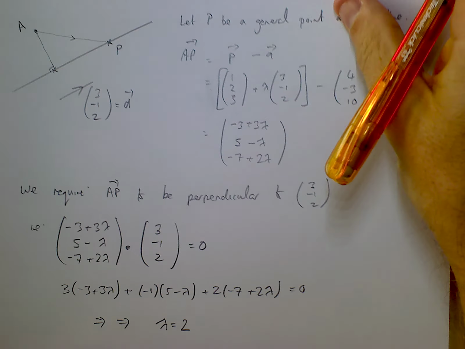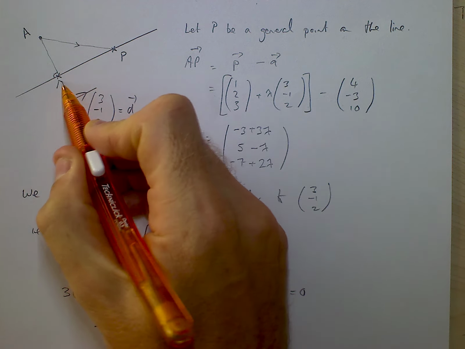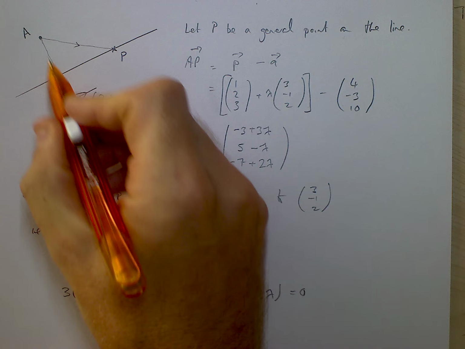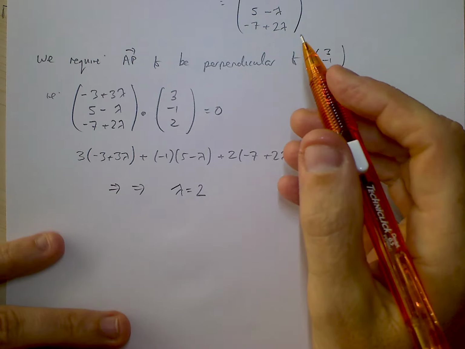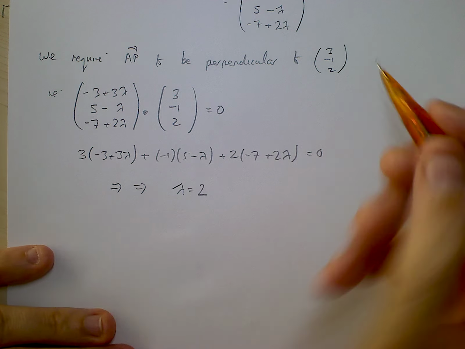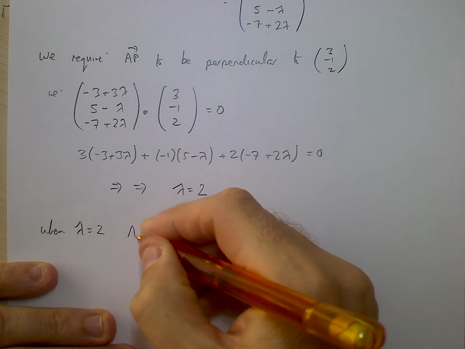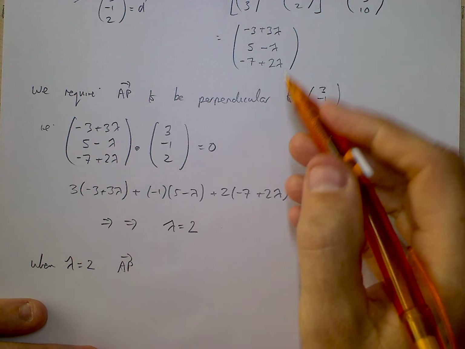So what that does, it gives me the value that places P there. If I use lambda is 2, I know that I'm talking about that distance. So I can now find AP when lambda does equal 2. AP is the vector I'm going back up to here.